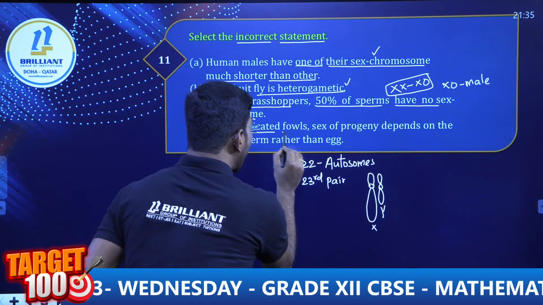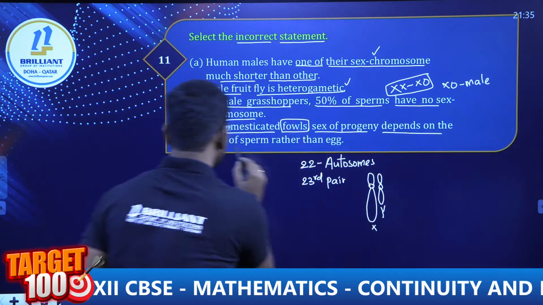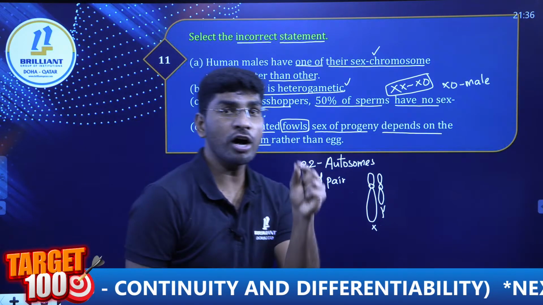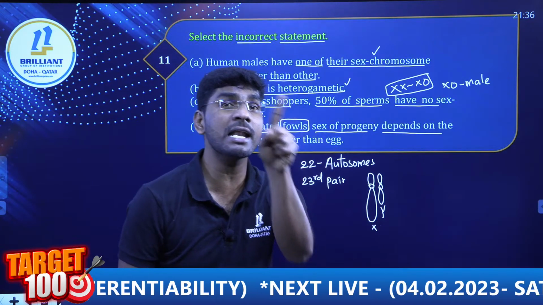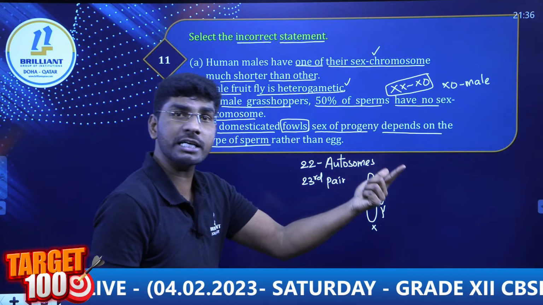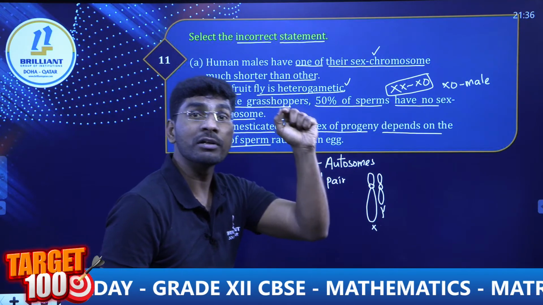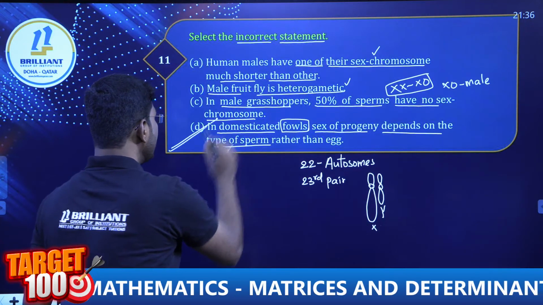In domestic fowls, birds, sex of progeny depends on the type of sperm? No, the type of egg. Because birds show female heterogamety. Here they are saying the male partner's sperm will decide the sex of the offspring. No, the female bird, the mother bird, will decide. So the incorrect statement is option D.